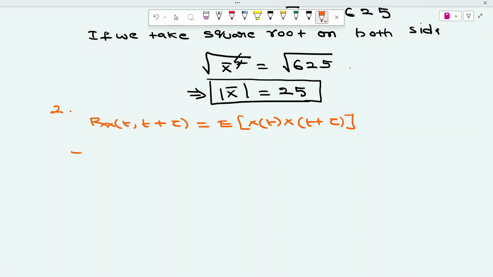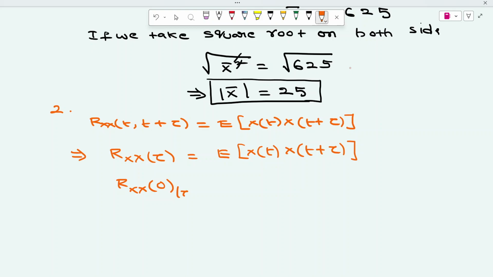So if the given process is stationary, then we can write Rxx of tau equal to expectation of x of t into x of t plus tau. Now if we substitute tau is equal to 0, on the right hand side we have expectation of x of t into x of t, which is nothing but expectation of x square of t.